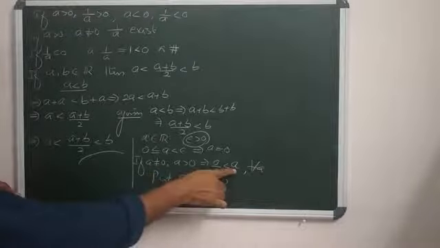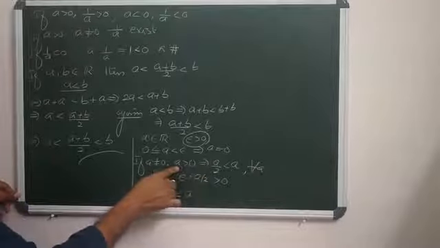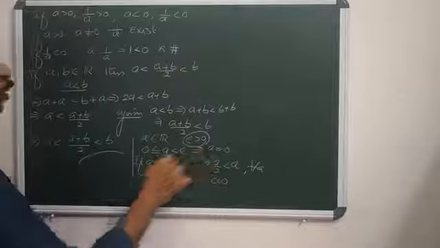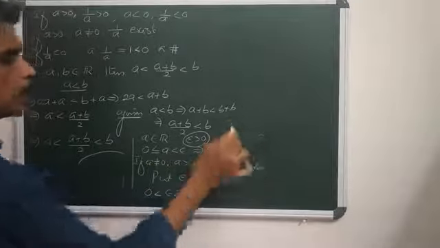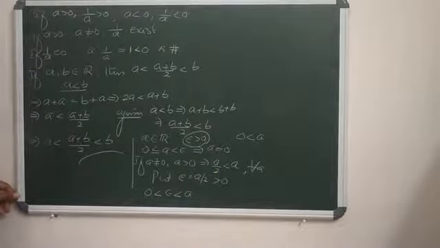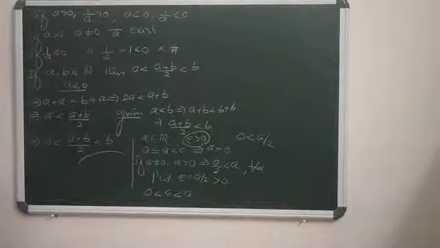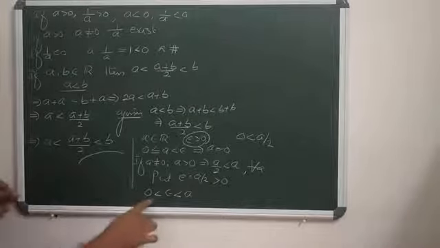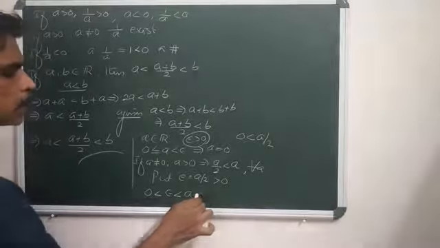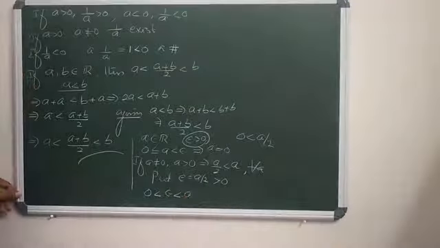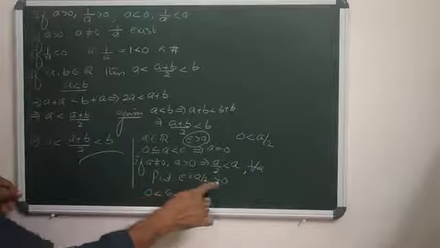Because a by 2 is less than a. Since a is positive, 0 less than a means 0 less than a by 2 also. A greater than 0, a by 2 is also greater than 0. So here 0 less than a by 2 less than a.